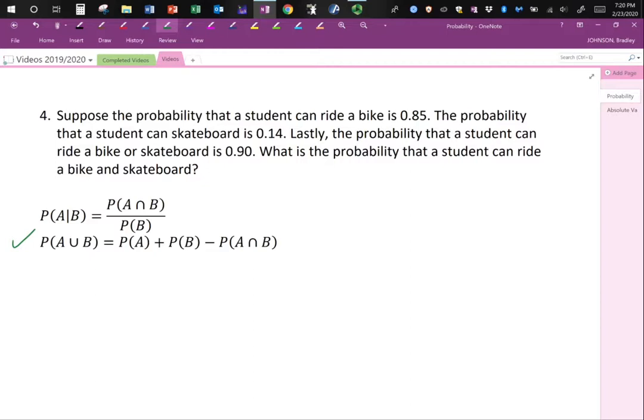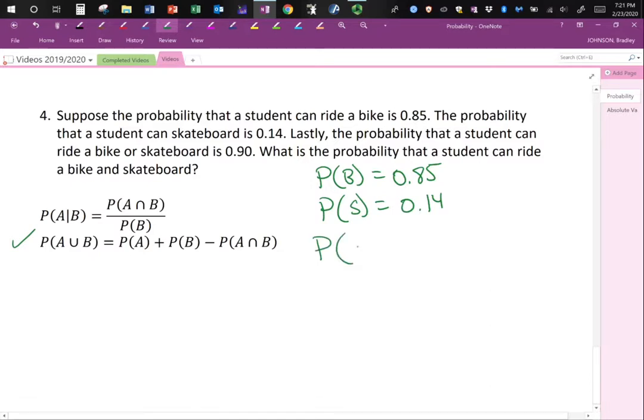So let's use B for bike. So let's just say probability biking would be 0.85. Probability skateboard, let's use S for skateboard, 0.14. You see, this is the benefit of being able to pick letters and interchange however you want. And then the probability that the student can ride a bike or skateboard, okay, the or statement would be B union S. It looks like bus, but it's really B union S, right, for biking or skateboard.